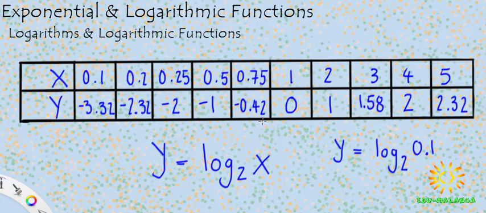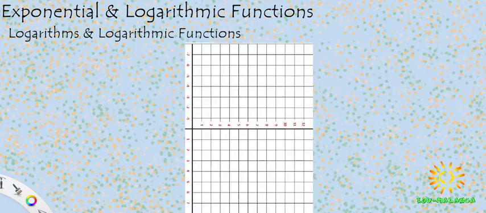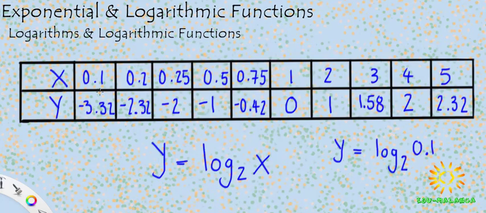So let's get started. We're going to start with this value over here. So when x is 1, y is equal to 0. Let's plot that over here. So the point is right here. And let's move to the left.